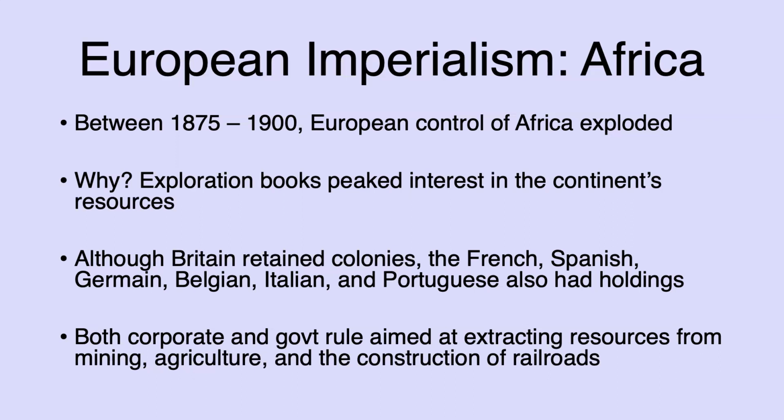I would recommend reading the book Heart of Darkness by Joseph Conrad. It really touches on the experience of European imperialism in Africa, and offers a very poignant insight into what that rule actually looked like, and the violence and hostility of European imperialism in Africa in the 19th century.